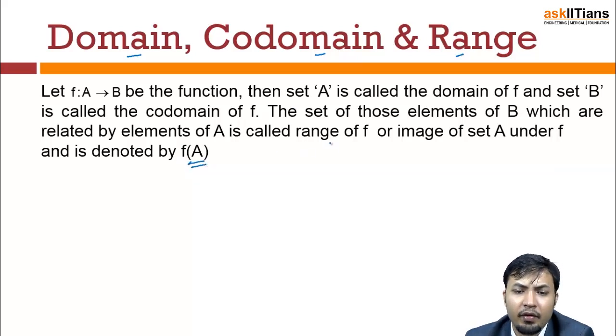So basically the inputs define the domain, the set B defines the codomain, and the set of all those elements of B which are related by the elements of A is called the range. So that is all about the domain and range.